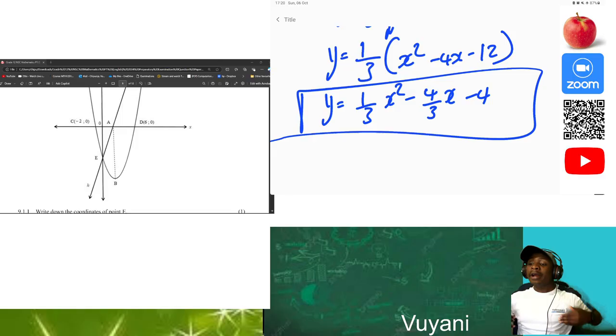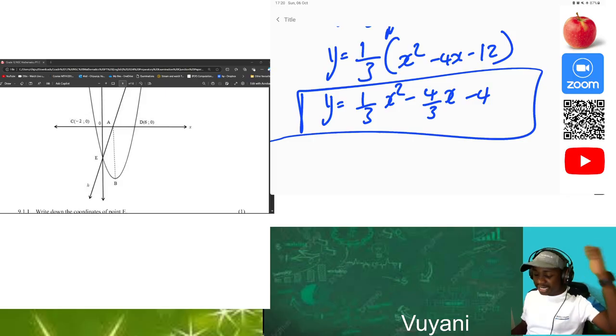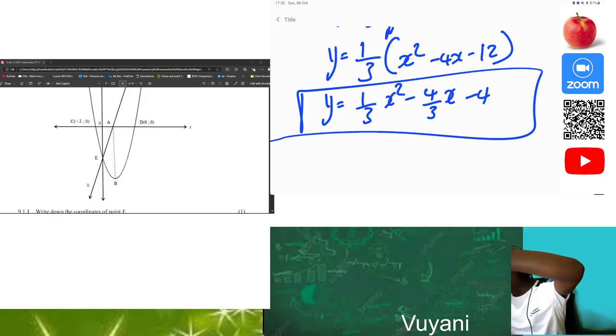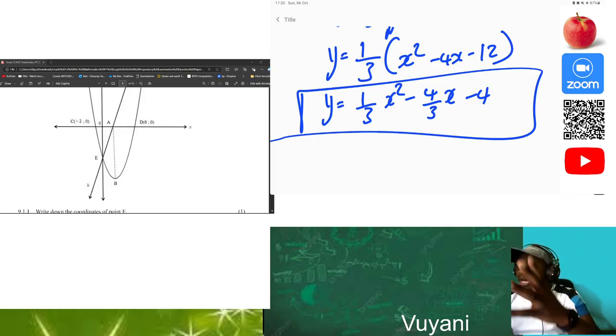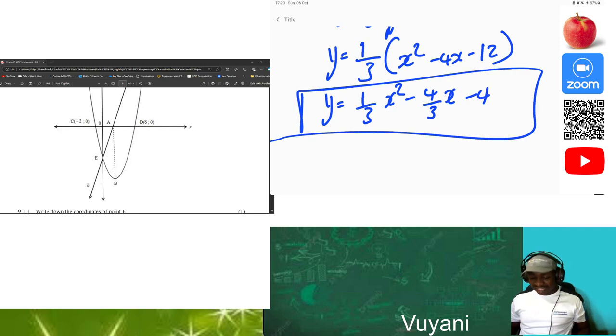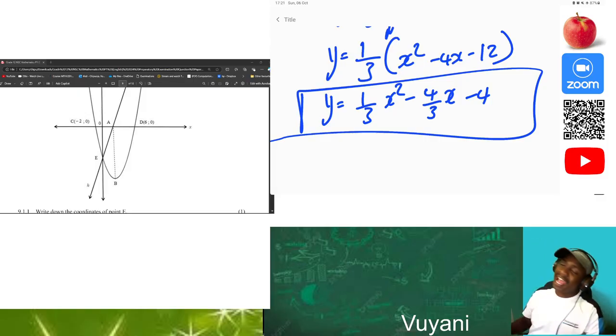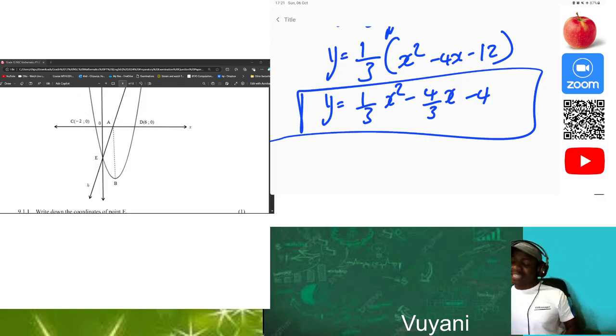So breaking it down again, in order for us to get the standard form of the parabolic function, we are given the two x-intercepts, which are at (-2; 0) as well as (6; 0). Having those two coordinates, we can use what we call the x-intercept formula, since this is a parabolic function. We say y is equal to a(x minus x1) multiplied by (x minus x2).